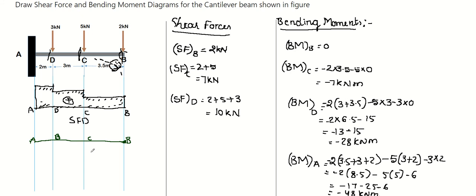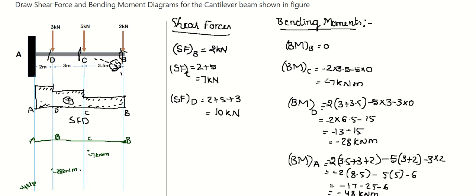This is below the reference line. Bending moment at D is minus 28 kilonewton meter, and at A is minus 48 kilonewton meter. Actually, there is no need to mention negative here because it is below the reference line. You can just mention the magnitudes over here.